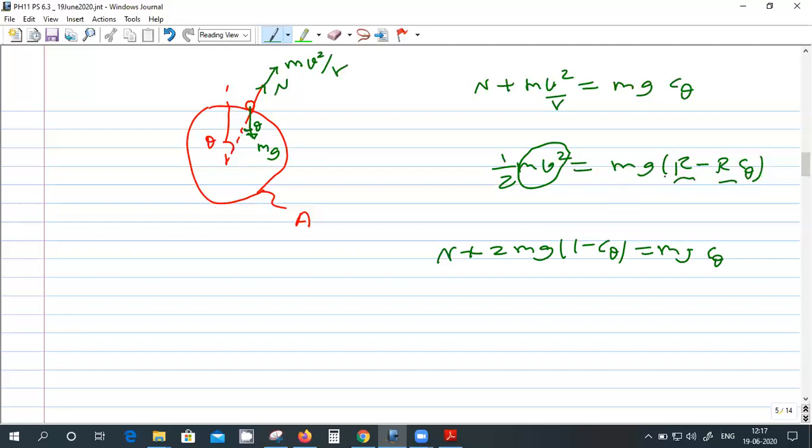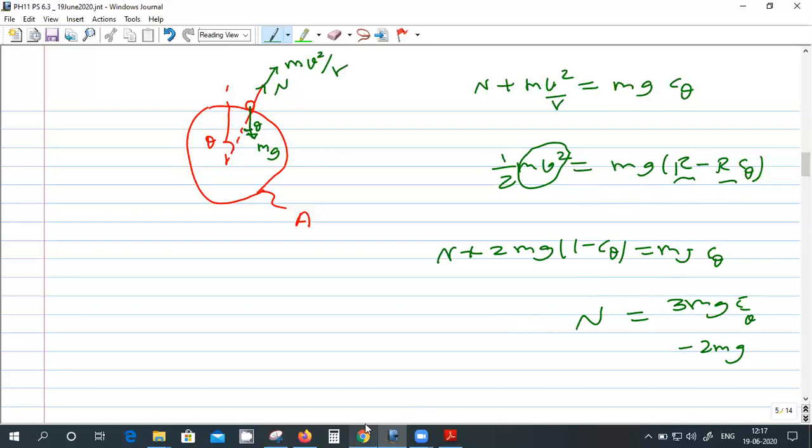So it becomes 2mg into 1 minus cos theta. Okay. So now 2mg cos theta will become 3mg cos theta minus 2mg equal to the normal reaction.